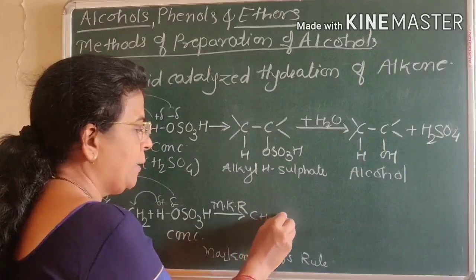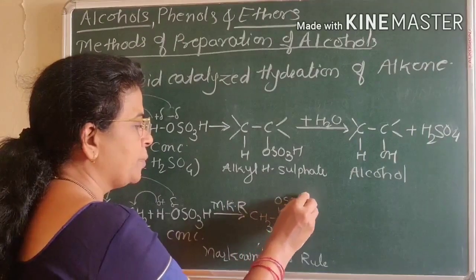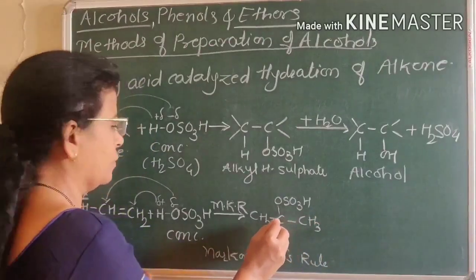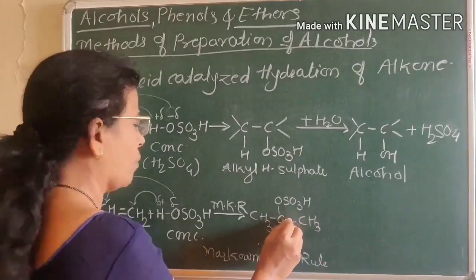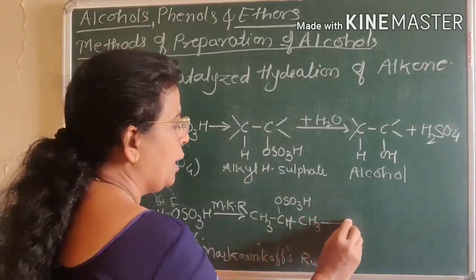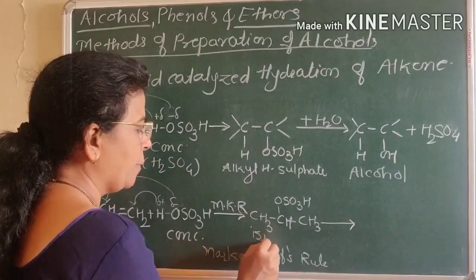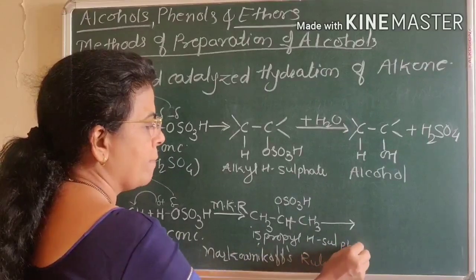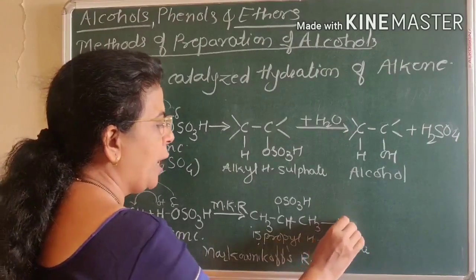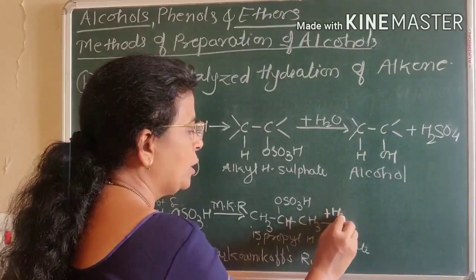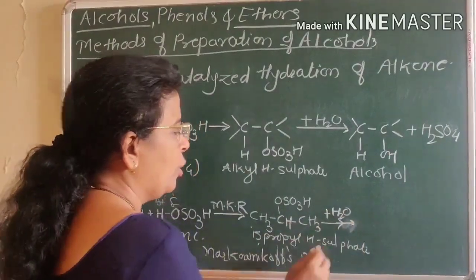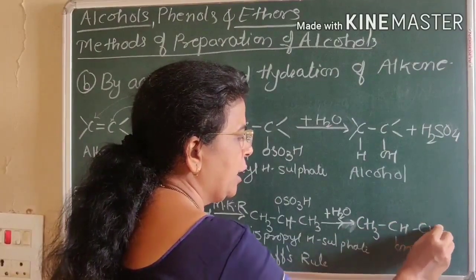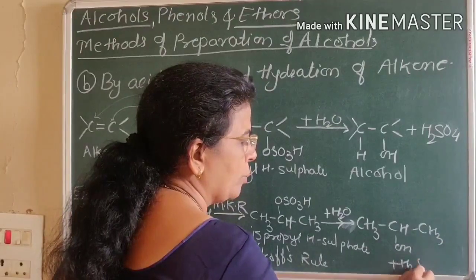And you will get CH3 CH(OSO3H) CH3, then this is isopropyl hydrogen sulfate, and when this isopropyl hydrogen sulfate undergoes hydrolysis in presence of water molecule, it forms CH3 CHOH CH3 plus H2SO4.